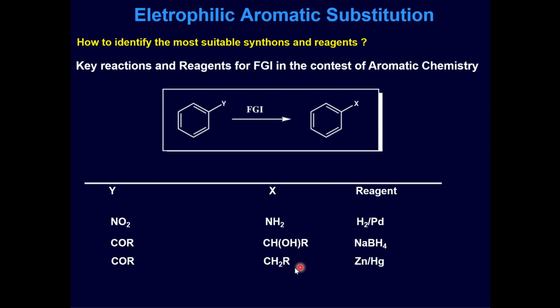If I want CH2R, I can directly add alkyl halide, but there are chances of rearrangement. In that case, to avoid that, I acylate it and then reduce it to an alkyl group by using a stronger reducing agent than sodium borohydride, like zinc amalgam.